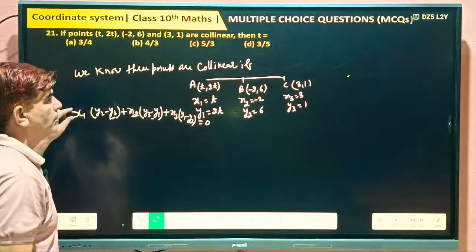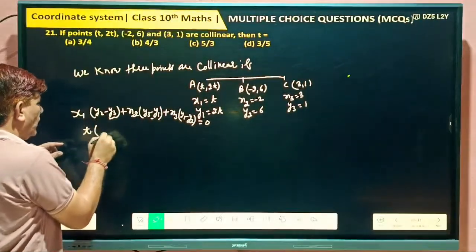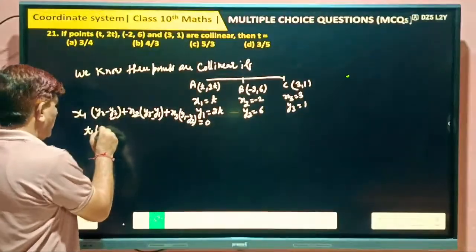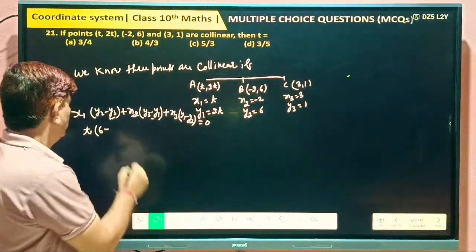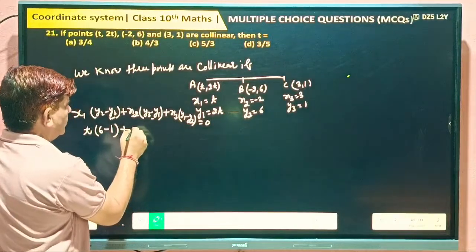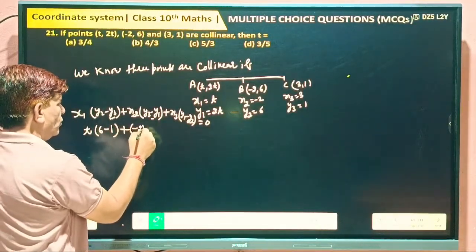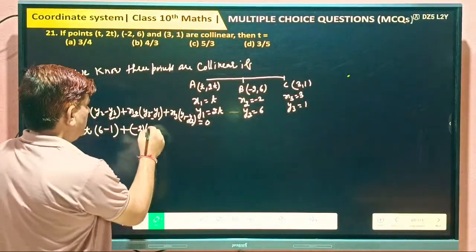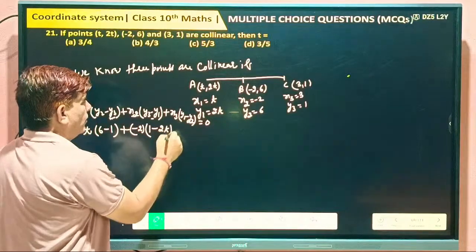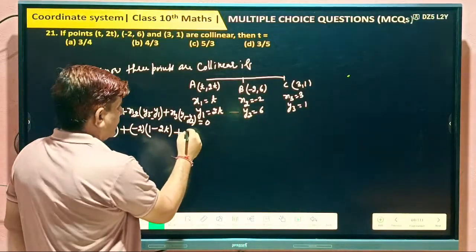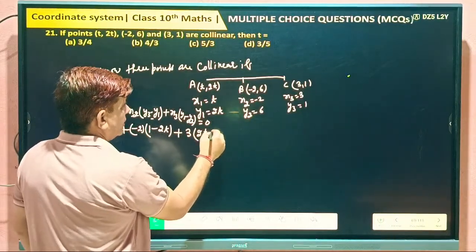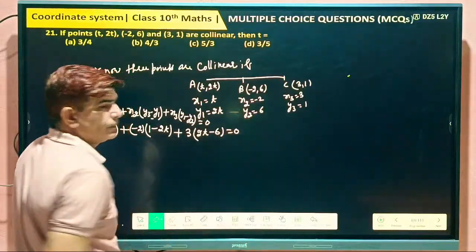Put the values: x1 is t, y2 is 6 minus y3 which is 1, plus x2 which is minus 2 into y3 which is 1 minus 2t, plus x3 which is 3 into y1 which is 2t minus 6, equal to 0.